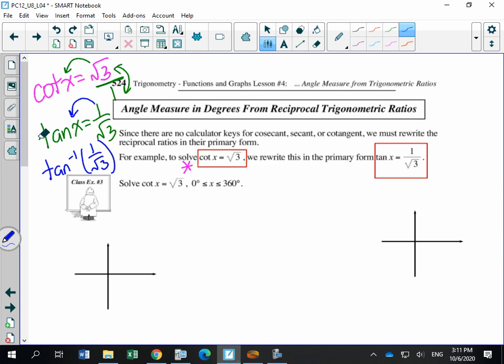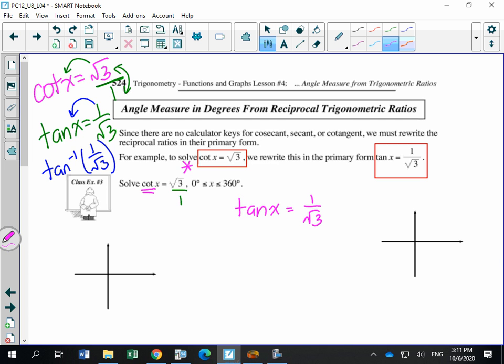So based on that, let's solve this. It says solve for angle x if cotan x is equal to root 3. So I'm going to do a few things, as we just did. Put that over 1. Then say to yourself, cotan is the reciprocal of what? Cotan is the reciprocal of tangent. So the tan of x is equal to 1 over root 3.